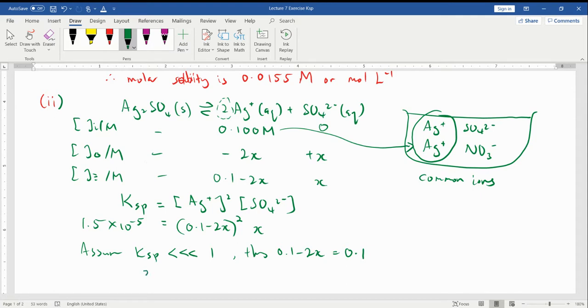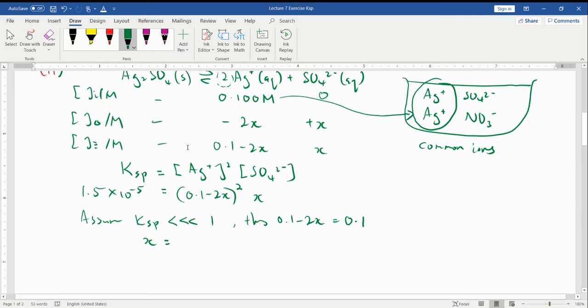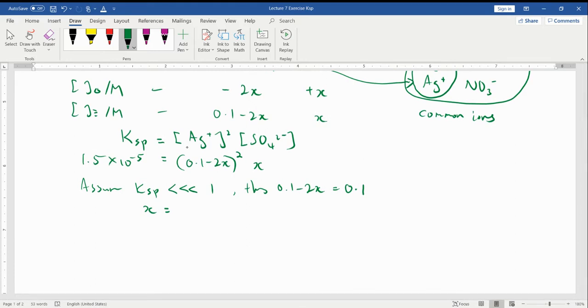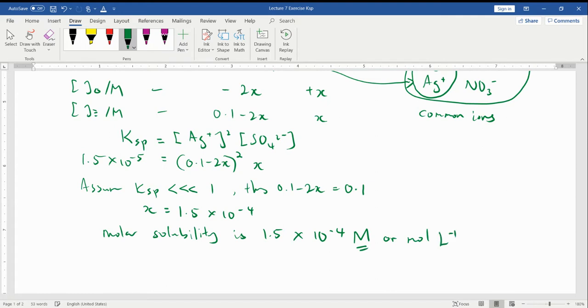Then we can find x, which equals 1.5 times 10 to the power of negative 4. Write down molar solubility is 1.5 times 10 to the power of negative 4 molar or mole per liter.